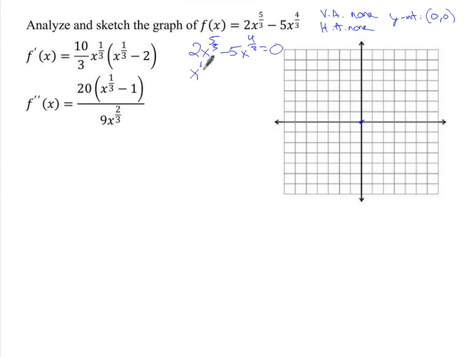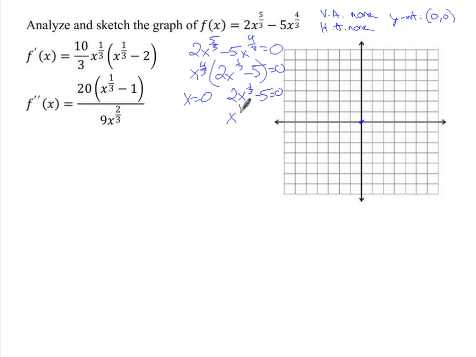I'm factoring out x^(4/3) times what's left over, which is 2x to the, if I distribute 4/3 in, I have to have 1/3 sitting here to get the 5/3, minus just 5. Equals 0, so zero product property. This becomes x^(4/3) equals 0, which means x equals 0, which we already knew. But we also have 2x^(1/3) minus 5 equals 0.